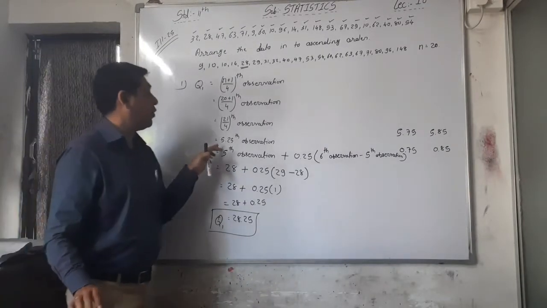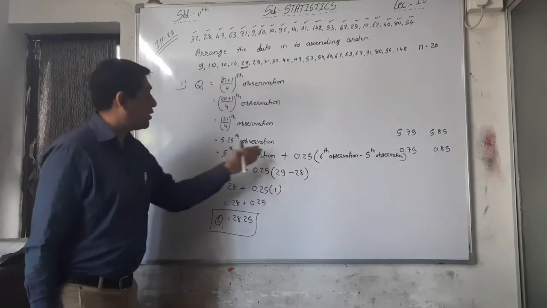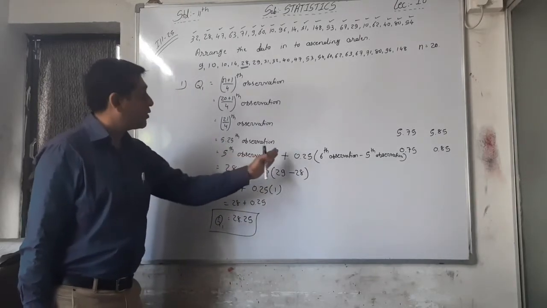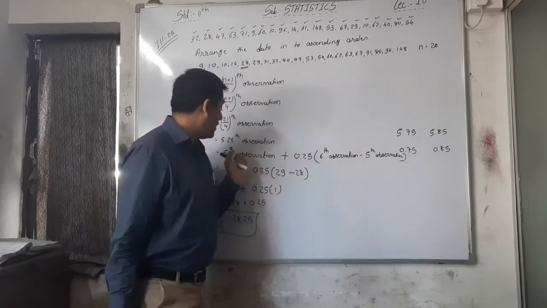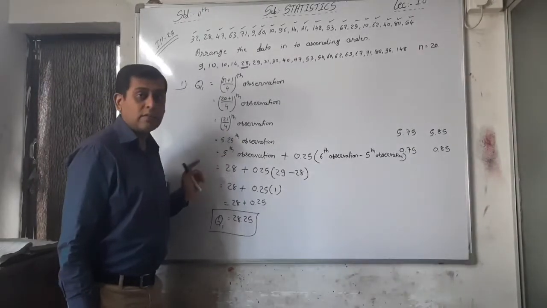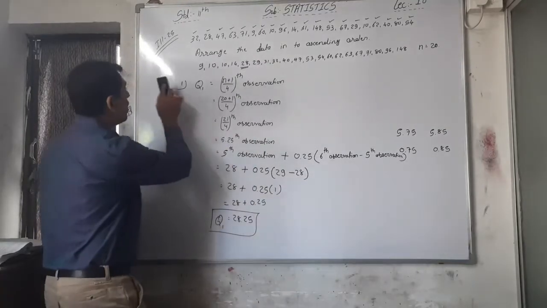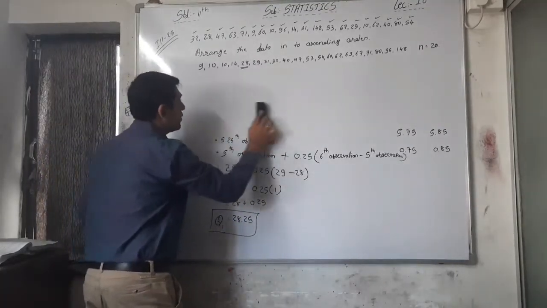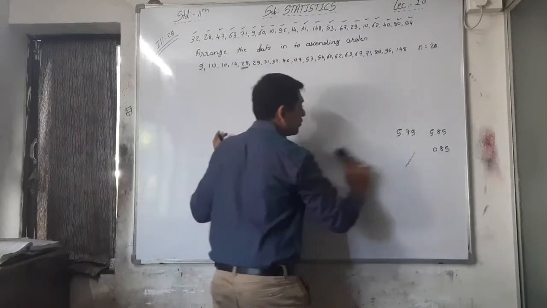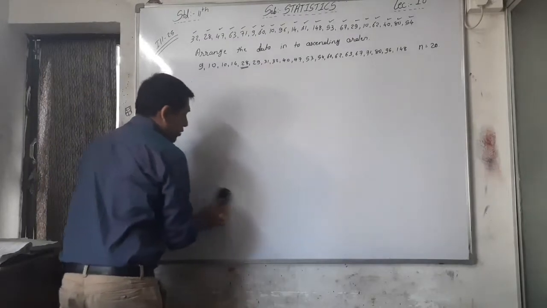Keep in mind that whenever there is a point, you have to write that particular observation plus the remaining amount, that is 0 point 25, and then the next observation minus this original observation, and you can get the answer. Okay, so this is the method. Now I am removing that and we will find D7. If you miss it, you can see the video again and write these down, please.